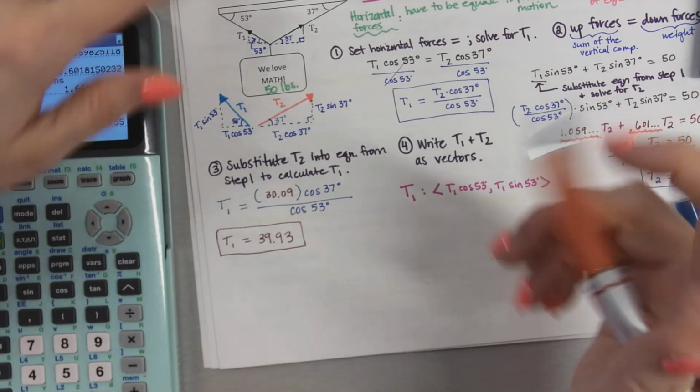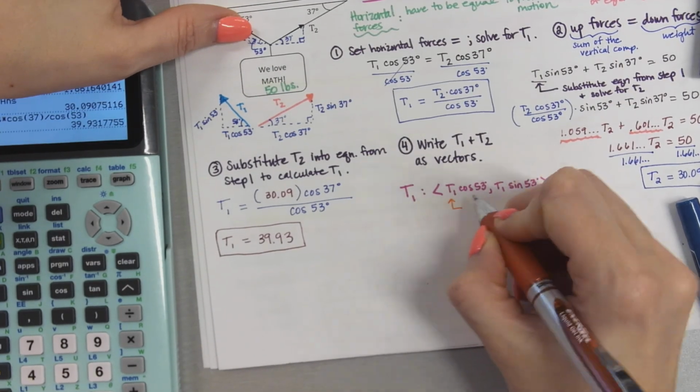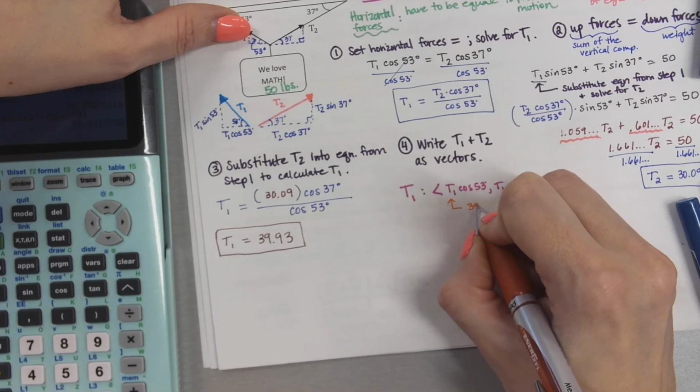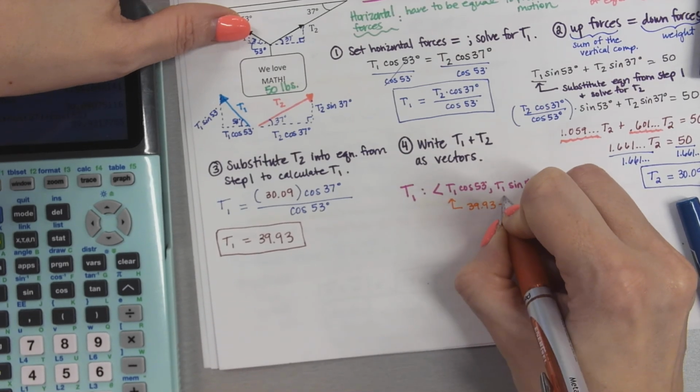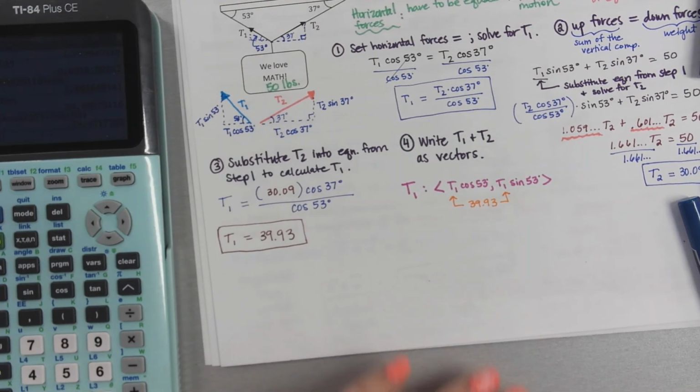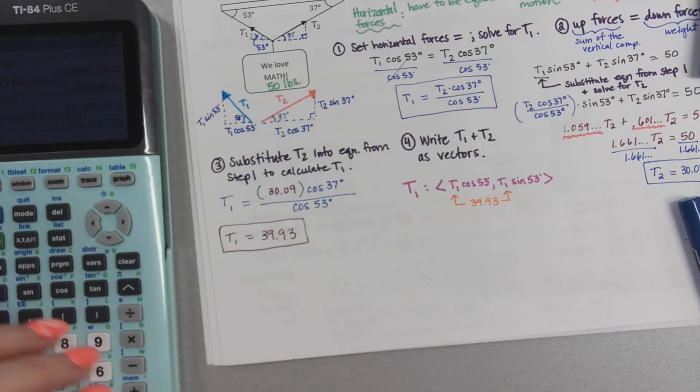We found that t sub 1 was 39.93. So we are going to substitute that in just a moment. We're not going to do it right this second.